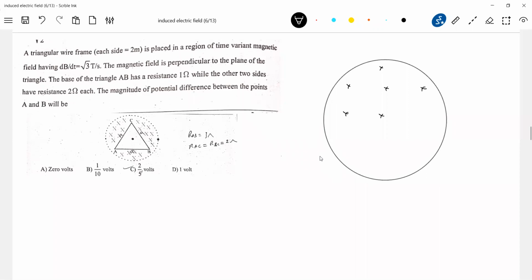It's a practice to show the field confined only to the circular region, because outside it will not exist. Now I have this much. So this is the triangular loop. The field is there. It cannot be like that. Field is there.